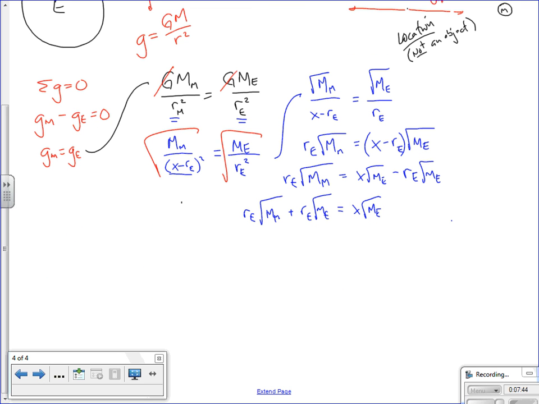Factor out this r E. And then r E is x times root mass of the Earth divided by that sum.